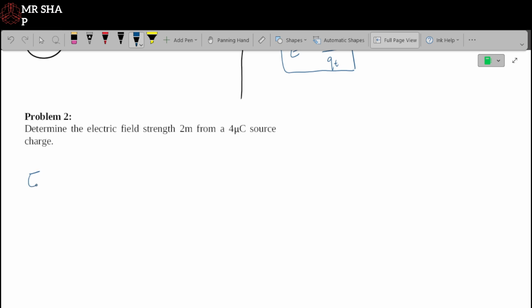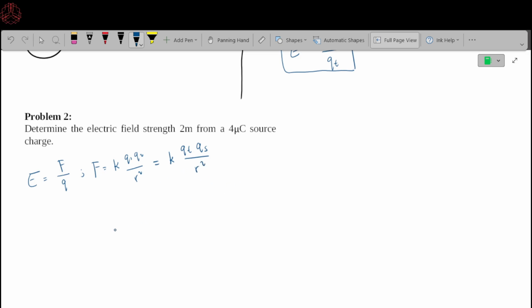I would like to reiterate the result we had before, which is E equals F over Q. And I would like to remind you of Coulomb's law, which is F equals K Q1 Q2 over R squared. We can slightly modify this to F equals K times Q test charge and Q source charge over R squared.